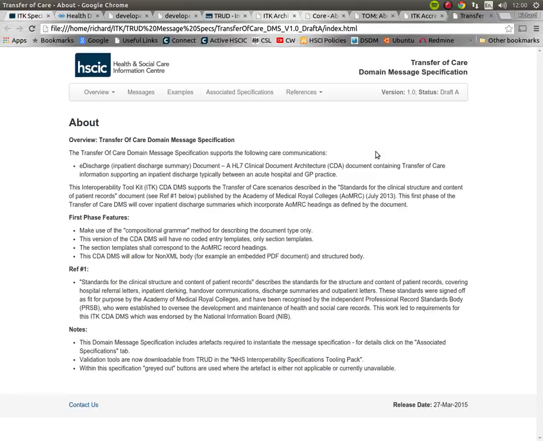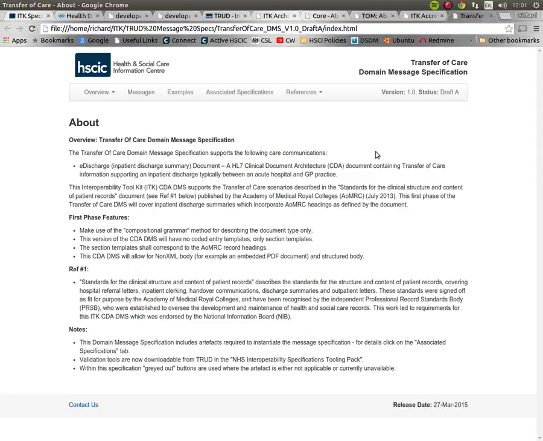And basically the specification is still focused around CDA. This specific version that we're looking at, draft A, is predominantly focused around the inclusion of just text sections as opposed to coded sections, although the next version, which is due to be published in July, will contain coded entries.